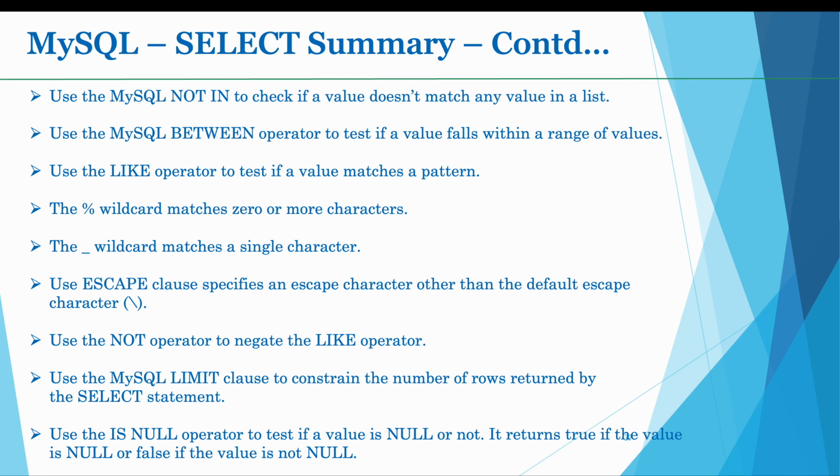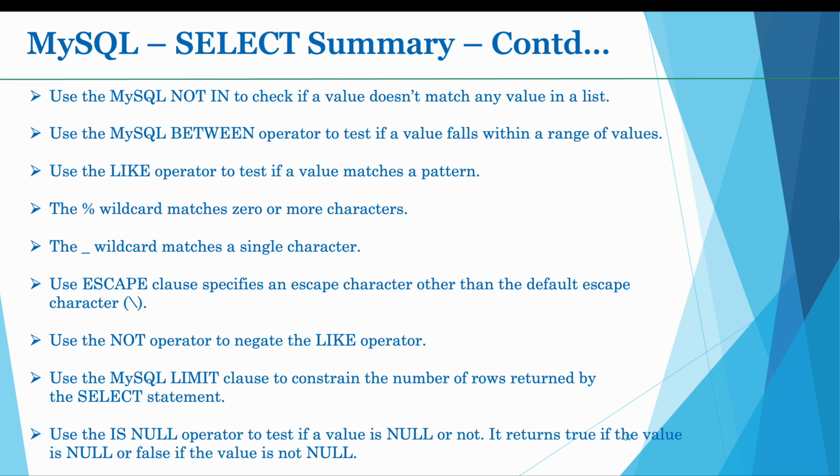Use the escape clause to specify an escape character rather than the default escape character. Use the not operator to negate the like operator. So when you are using a query, you can always use not like also. That's where the not operator will be used.